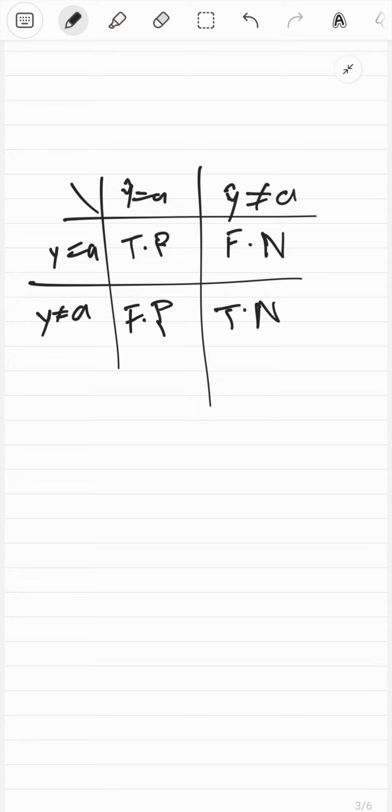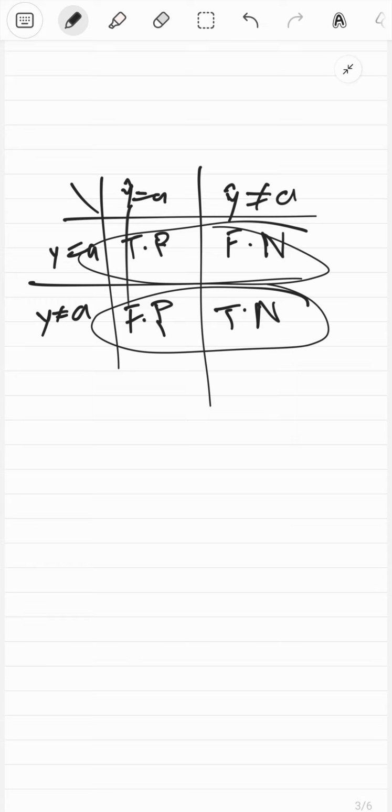Cool. So now the Matthews coefficient is just given as the determinant of this matrix. So just this times that minus this times that, upon the geometric mean of these quantities, so the sum of these basically.